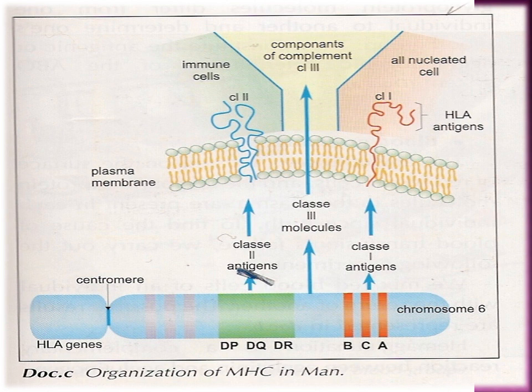This definition MHC is used as HLA, but since HLA and MHC are present in all species in nucleated cells of these species, we can differentiate MHC and HLA as that MHC is for animal, and HLA is for the cells of a human, mainly white blood cells of a human.